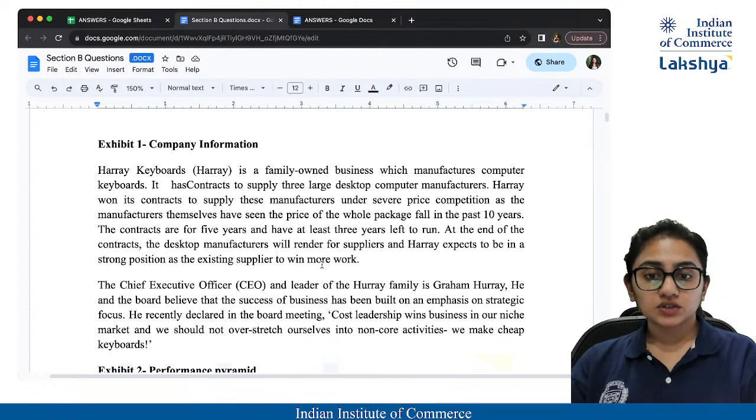Harry won its contract to supply these manufacturers under severe price competition, as the manufacturers themselves have seen the price of the whole package fall in the past 10 years. The contracts are for 5 years and have at least 3 years left to run. At the end of the contracts, the desktop manufacturers will retender for suppliers, and Harry expects to be in a strong position as the existing supplier to win more work.